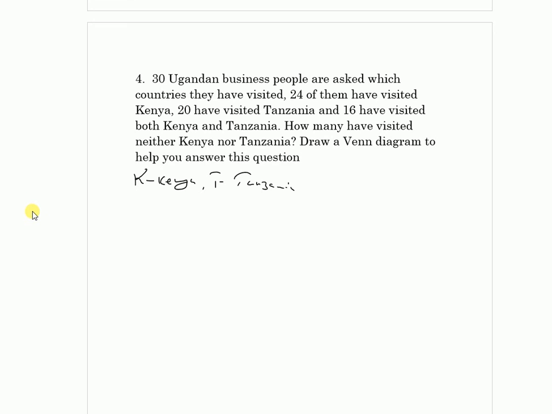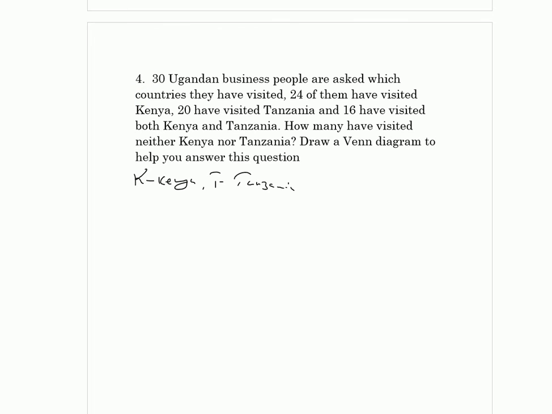Now 30 people, if you just go and ask people whether they have visited, you never know, you find those who have not visited any of the two countries. They even say how many have visited neither Kenya nor Tanzania. So the 30 people they asked don't signify the union, because a part of this 30 didn't go to either Kenya or Tanzania, who are outside everything.